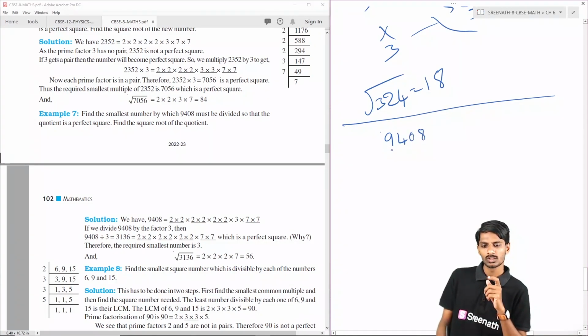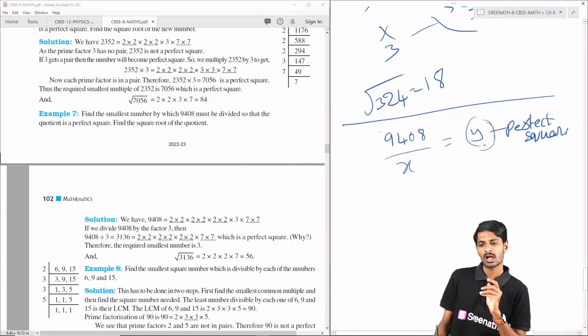We have to divide this number by some number we don't know, let it be x, so that you will get some number, maybe y. It is a perfect square, and for this perfect square we have to find the square root.